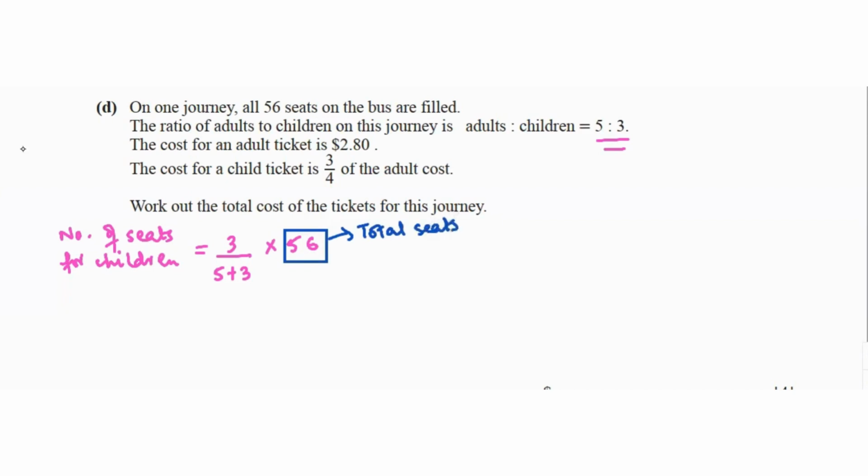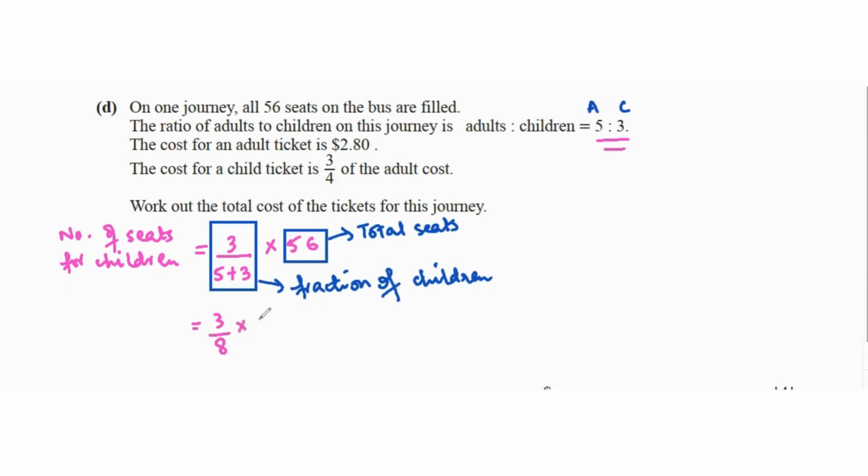And 3/5 plus 3 is your fraction of children, which was created using the ratio. This is children, this is adults. So what we're going to do now is we're going to say 3/8 times 56. 8 ones are 8, 8 sevens are 56.